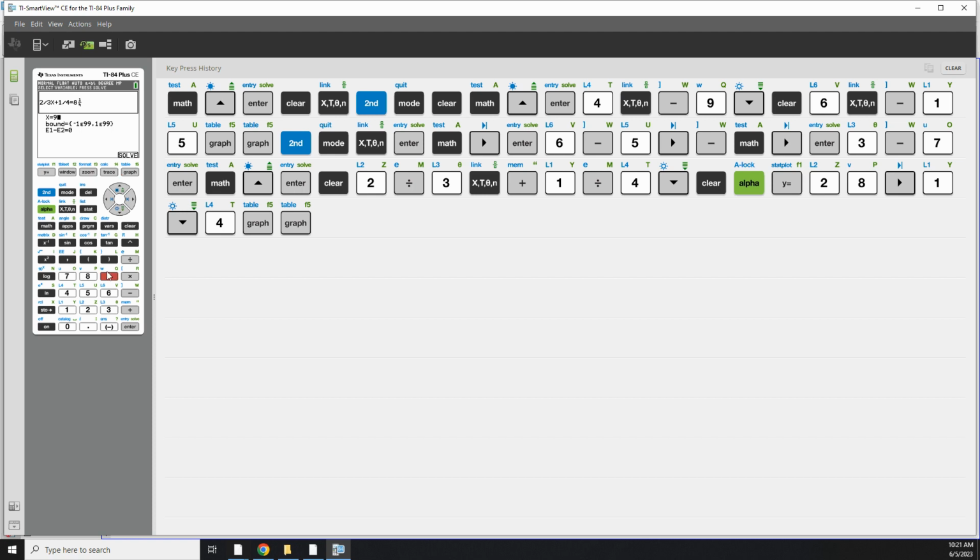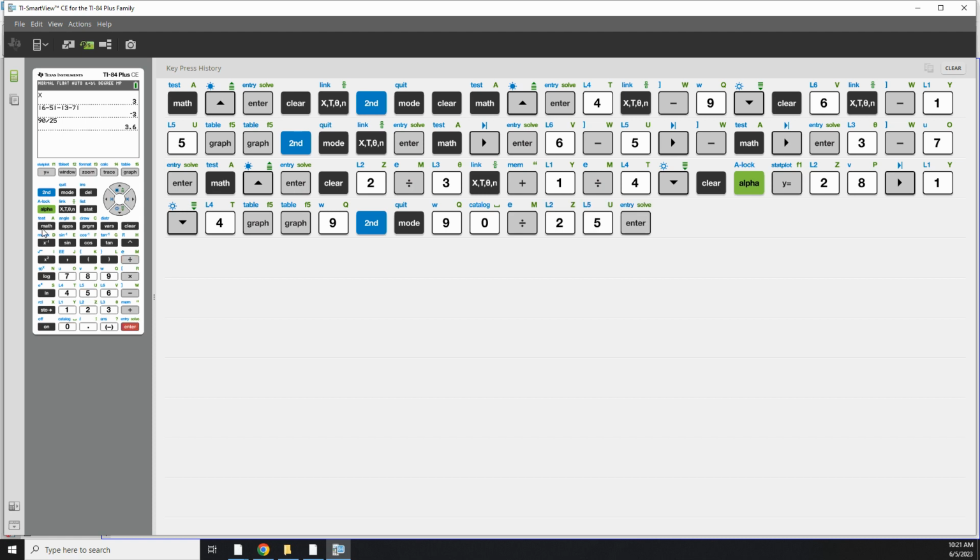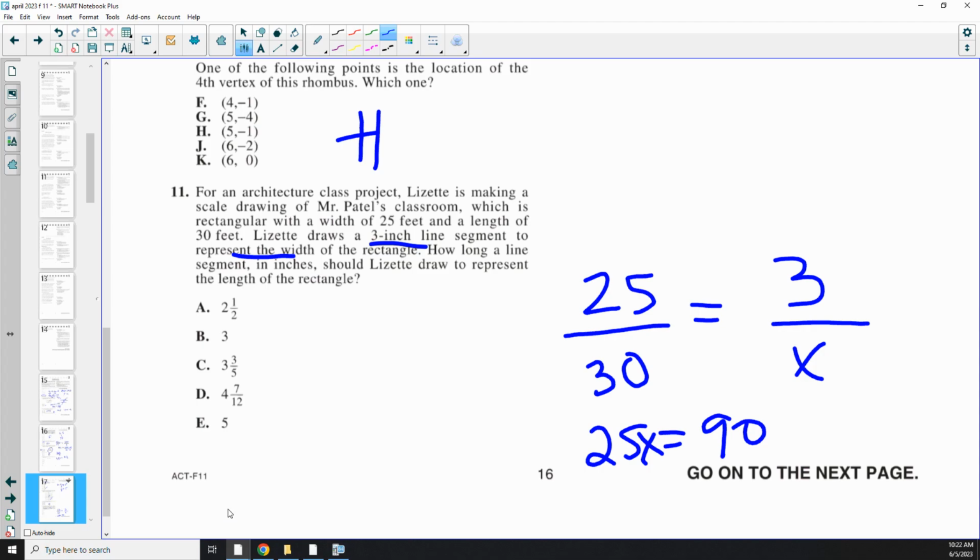So that would be 90, oops, I'm on equation solver. 90 divided by 25. And of course, I hit my favorite math frac, and that would give me 18 over 5. Alpha y equals 3, puts it as a mixed number, 3 3/5 for my answer C.